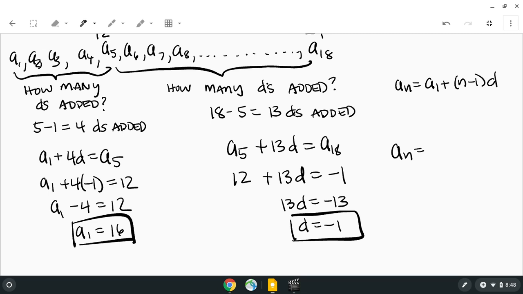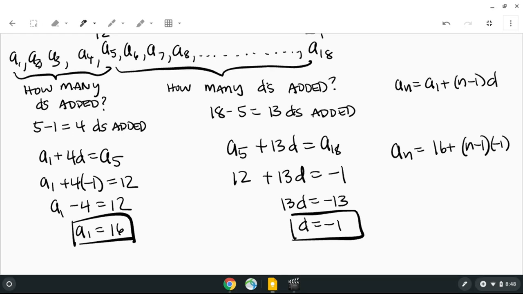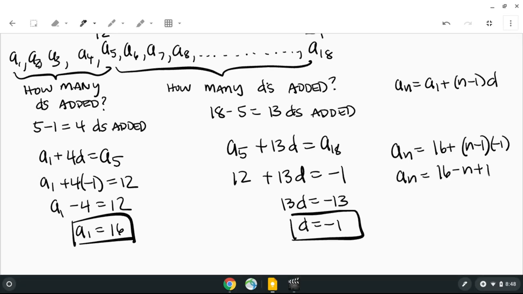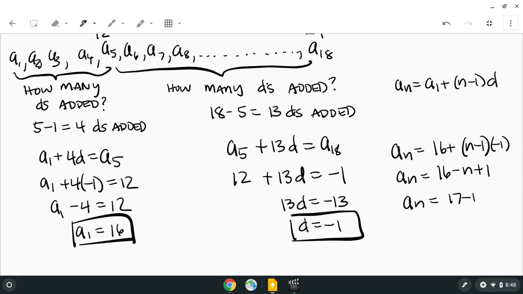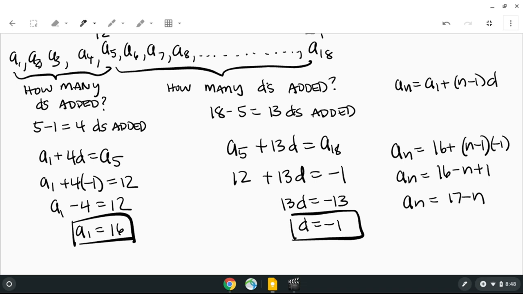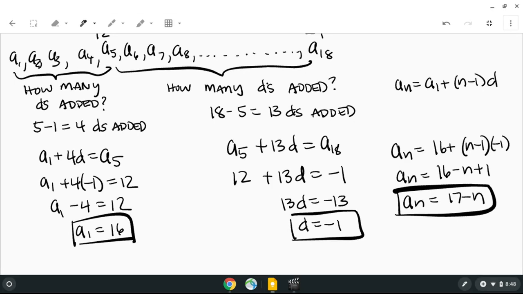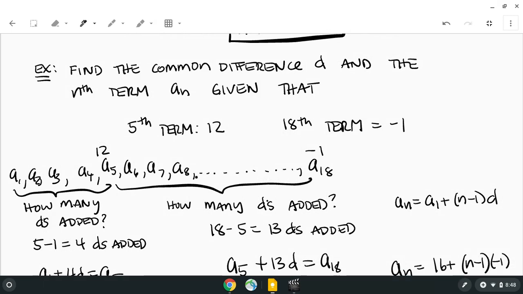It's always N minus 1 times D. Clean that up: AN equals 16 minus N plus 1, so AN equals 17 minus N. These are about as complicated as they get.